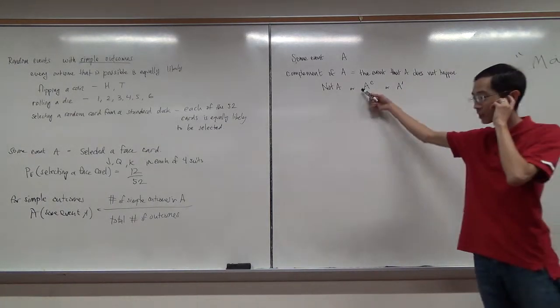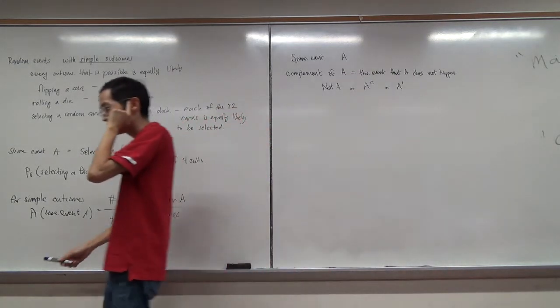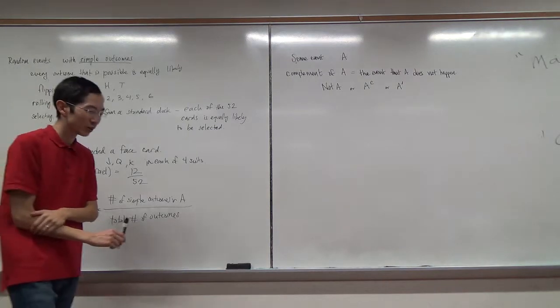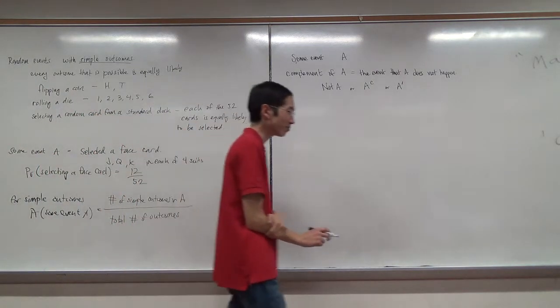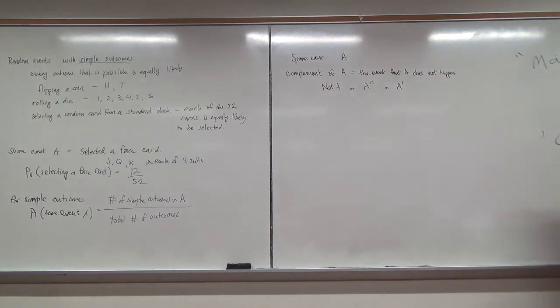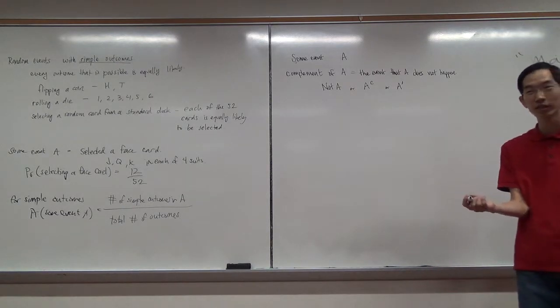The book uses A complement. I think not A is easier to understand, but whatever event it is, there's only two possibilities. Either it happens or it doesn't happen. Okay?